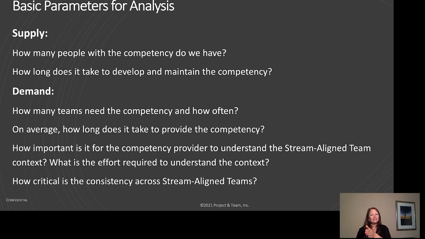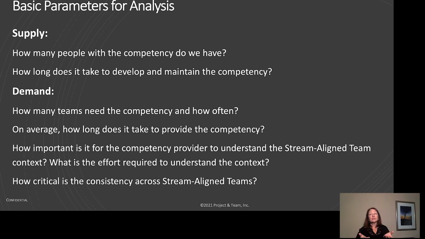Now I'm introducing here this term, stream-aligned team. That is a term from Team Topologies, and it means like the development stream, the people responsible directly for the end-to-end delivery of value to a customer. So how important is it for the analytics provider to understand the application for which they're helping provide analytics?